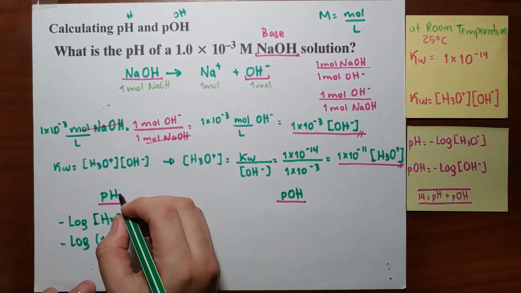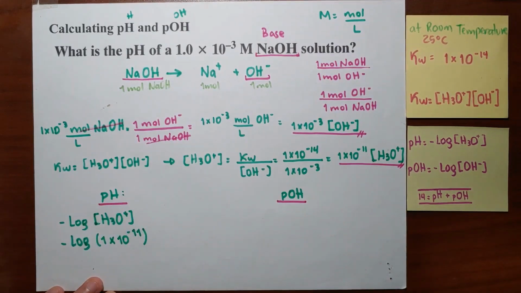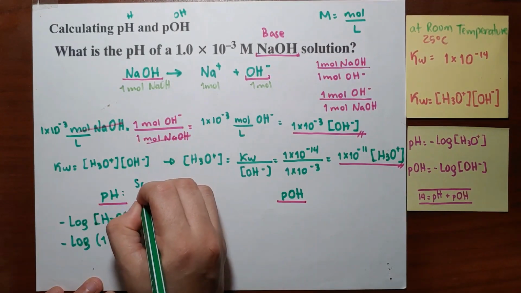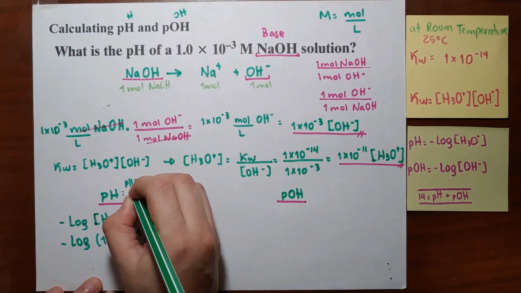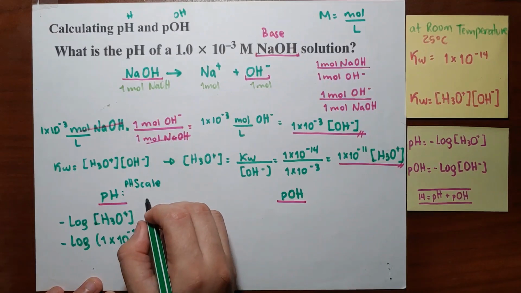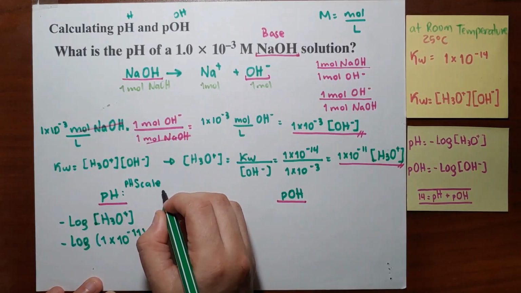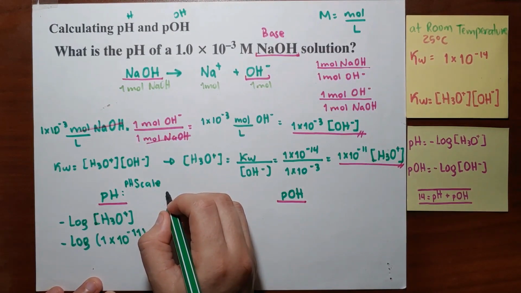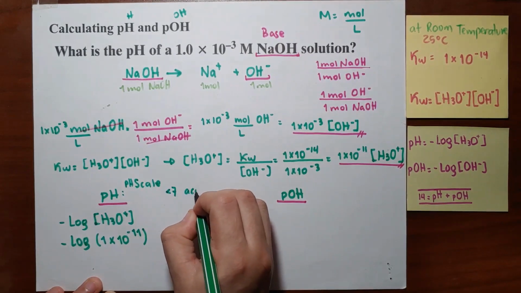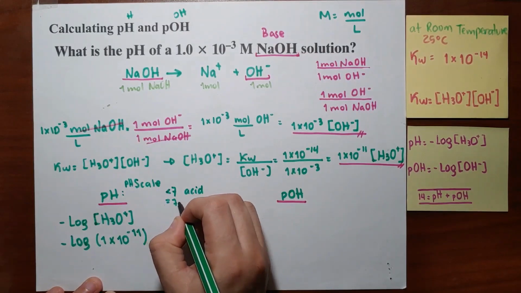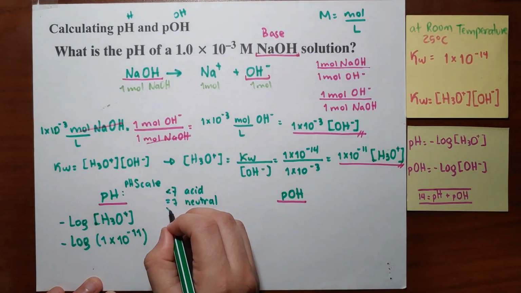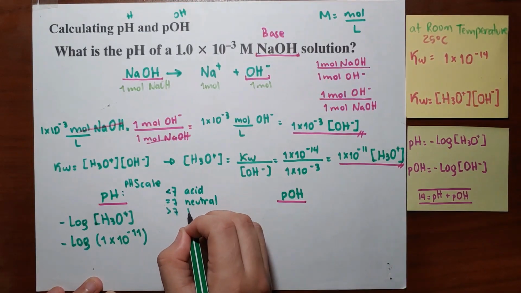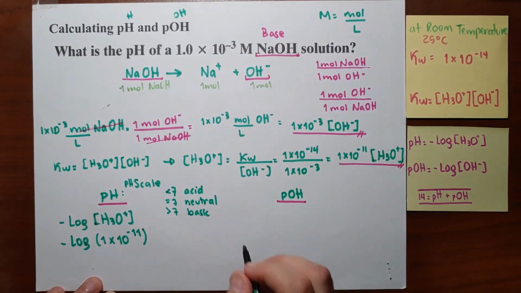Now the pH is the one that is related to the scale that I told you before, and that scale is called the pH scale. Remember that for numbers less than 7, it's acidic; equal to 7, it's neutral; and more than 7 is basic.